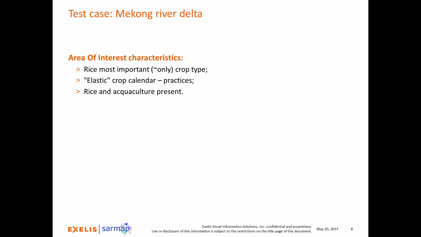Yes, water is very important for rice, but not only for rice. So in this area there are also some fish farms, so there is some aquaculture going on. Shrimps and fishes are grown, so we need to discriminate agriculture from aquaculture areas.